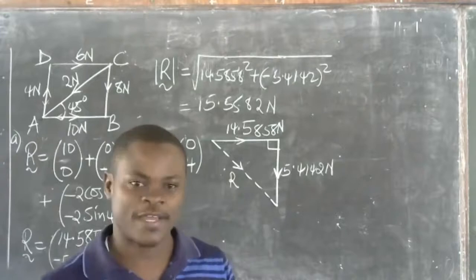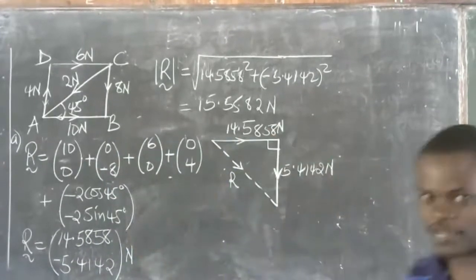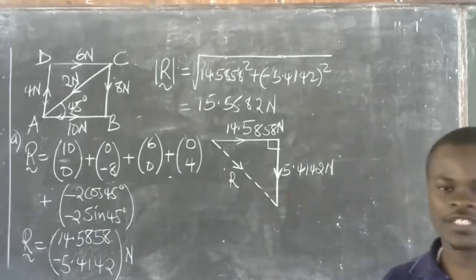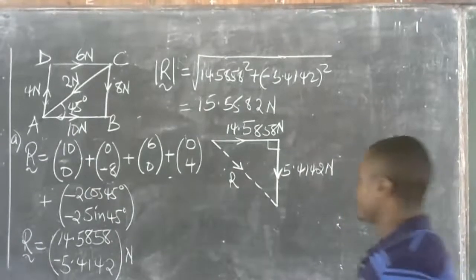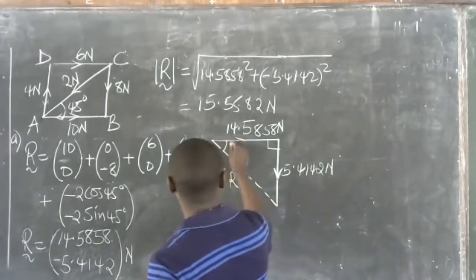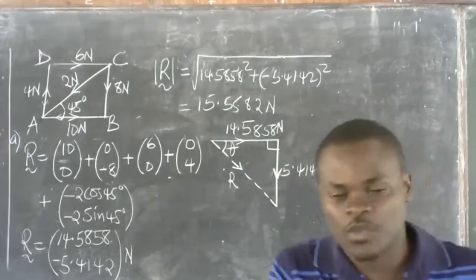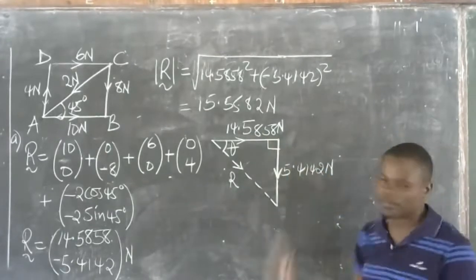Some people will just draw the dotted line and will not indicate the resultant force R. Or others will draw it and put R without direction. All those are wrong cases. So R is acting at theta to the horizontal. So we want to get theta, and you see we have adjacent to theta and opposite.